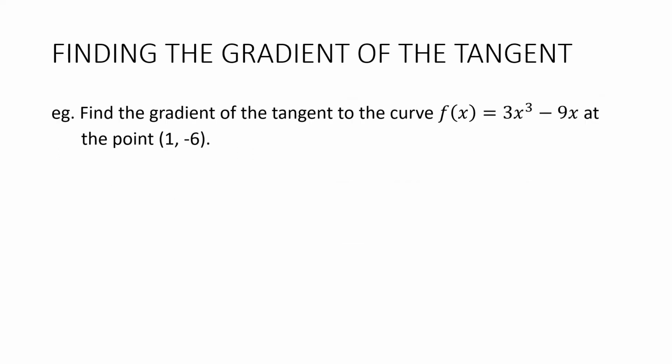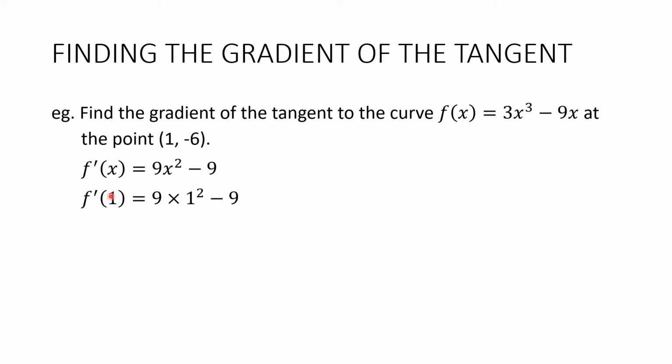Okay, so let's try and tie all this together. Find the gradient of the tangent to the curve f of x equals 3x cubed minus 9x at the point (1, negative 6). So we're going to find our derivative. We're going to do f dashed of x. So it's going to be 9x squared minus 9. Now this is the gradient of all of the tangents to that curve. We want the one that occurs at x equals 1, so we're going to substitute that in.